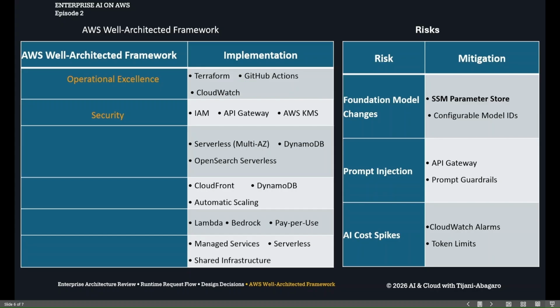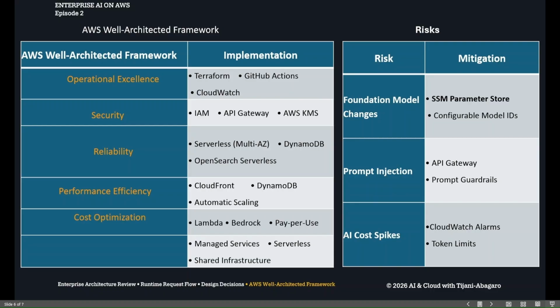Security is implemented through least privilege IAM policies, API Gateway as a security boundary, and AWS KMS for encryption. Reliability comes from using managed AWS services such as Lambda, DynamoDB, and OpenSearch Serverless, providing high availability while minimizing operational complexity. Performance efficiency is achieved through CloudFront edge caching, DynamoDB's low latency performance, and automatic serverless scaling.